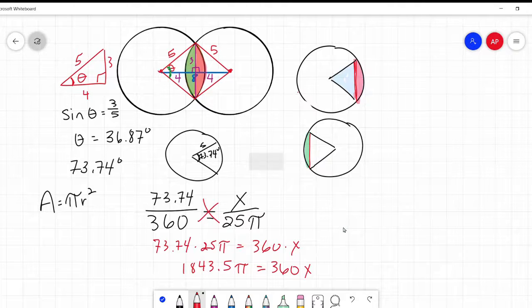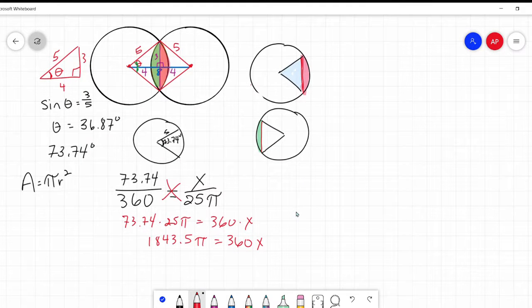Then I'm going to divide both sides by 360. And I get that x is equal to 5.121 pi. Right, so that is my area of a sector.